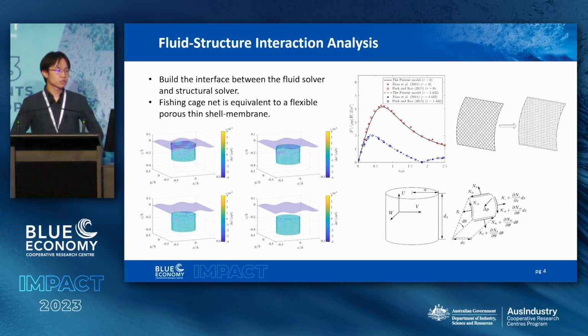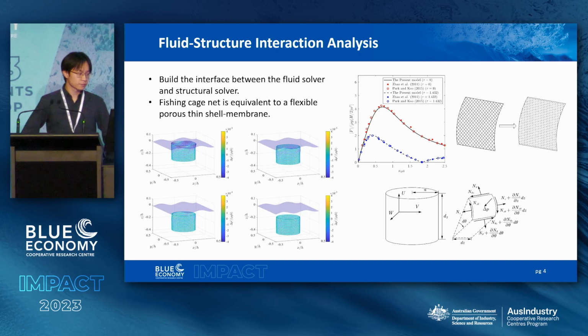For the fluid structure analysis, we build the interface between the fluid solver and the structural solver to accurately and effectively simulate the wave responses. Herein, we model the fishing cage net as a flexible porous shell membrane.